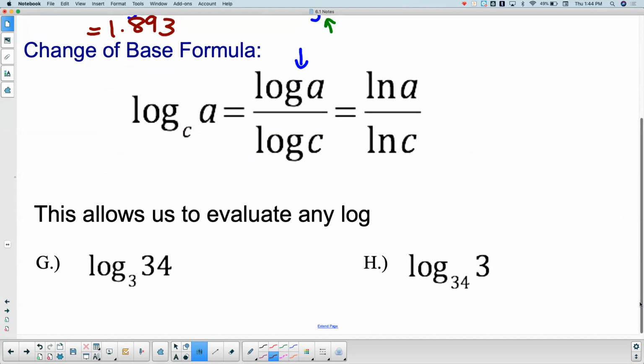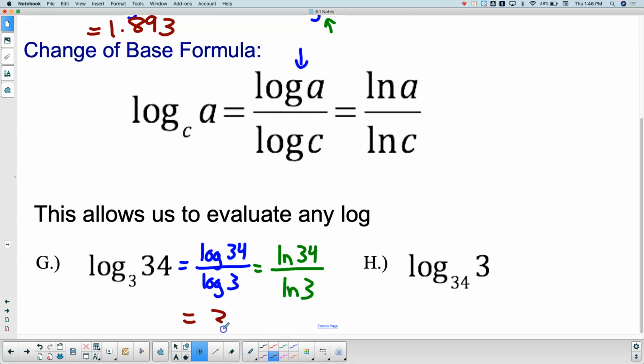Just to play around with your particular calculator, let's find what log base 3 of 34 is and what log base 34 of 3 is. I get 3.210 as log base 3 of 34.